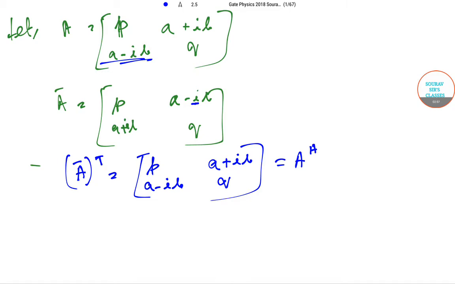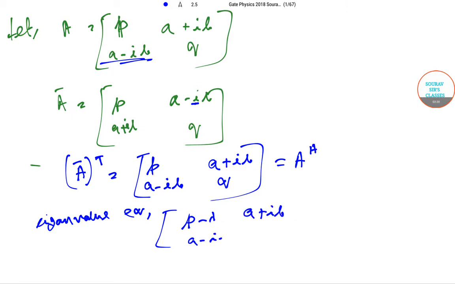For the Hermitian matrix, if we take the eigenvalues of this Hermitian matrix, we consider the eigenvalue equation. This is P minus lambda, A plus IB, here A minus IB, Q minus lambda, equals 0.